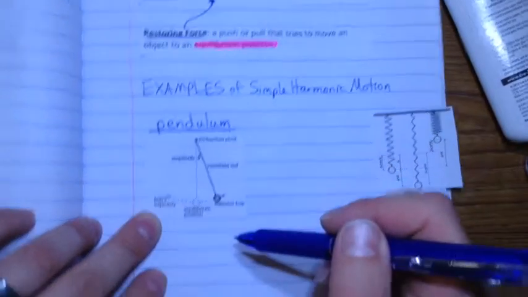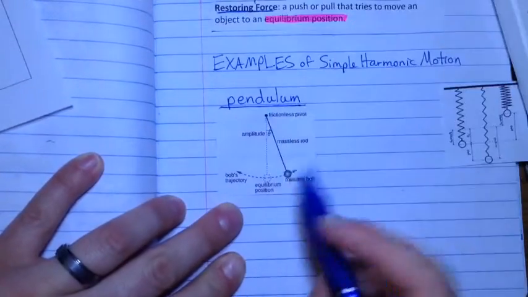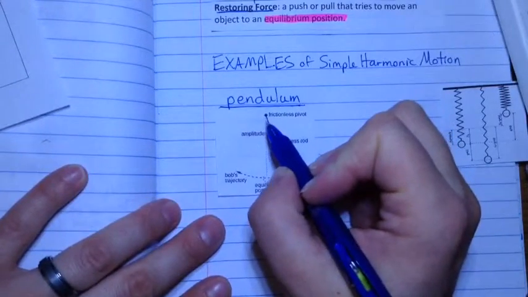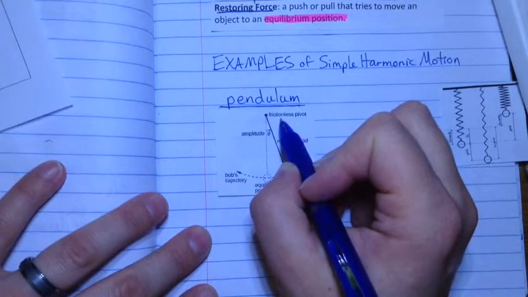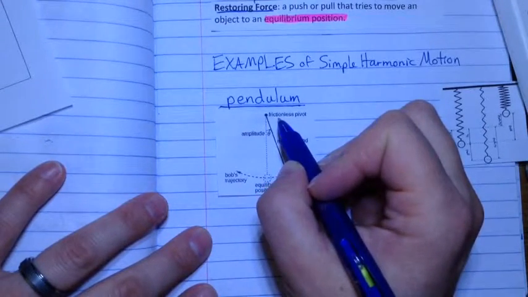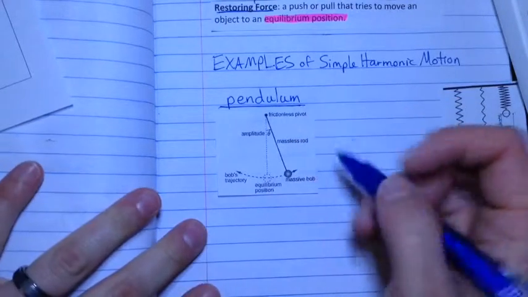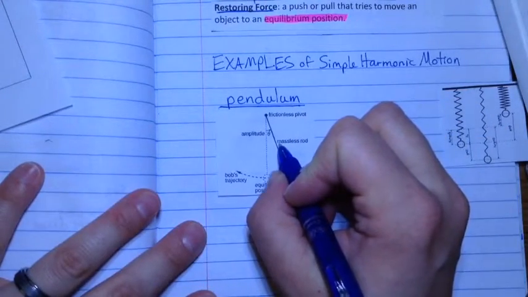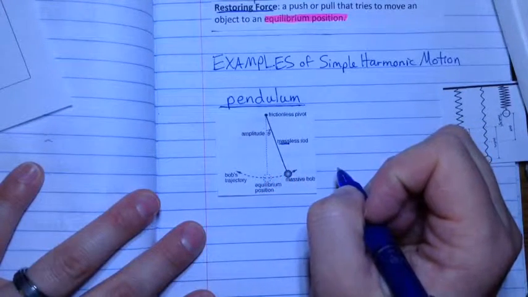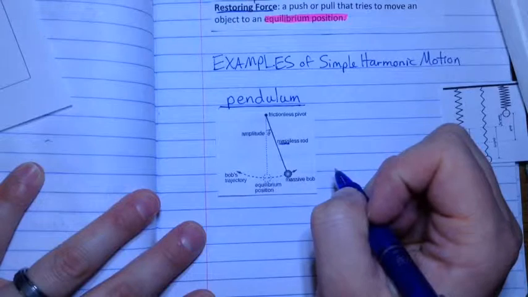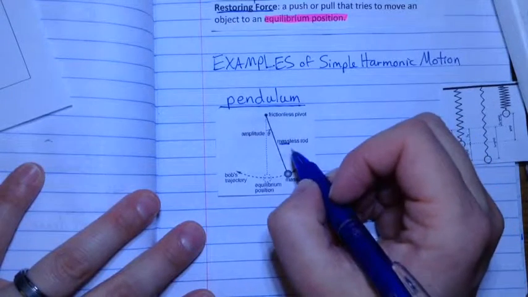These are the different parts of a pendulum. We have a frictionless point. We've talked a lot about friction. The reason for the frictionless is because then we have pure conservation of energy. Then it says here a massless rod. What on earth does that mean? Massless, that it has no mass.